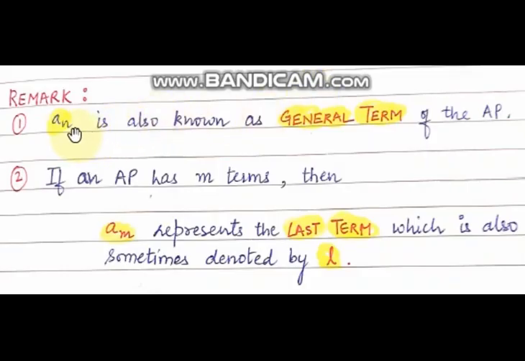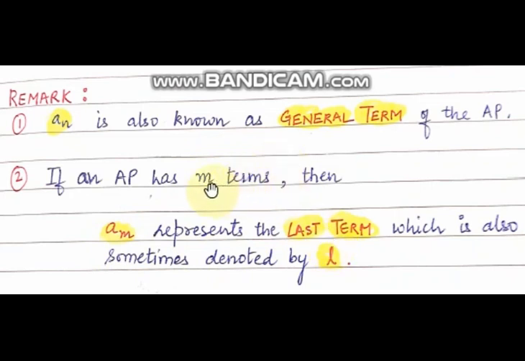There is a point to be noted that an is not only the nth term, but also the general term, as we have found the 17th and 25th terms, and we can find any term like that. Any general term is denoted as an, and it depends on n, that is, which term I am talking about. And further, if an AP has m terms, then definitely am will be the last term, isn't it?